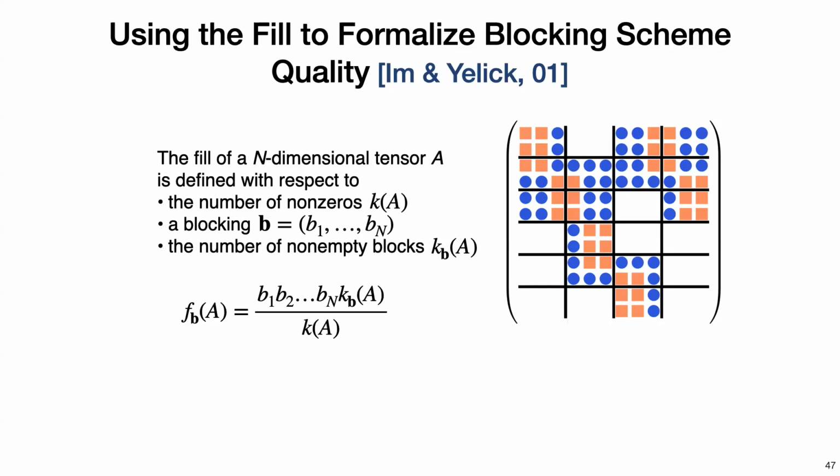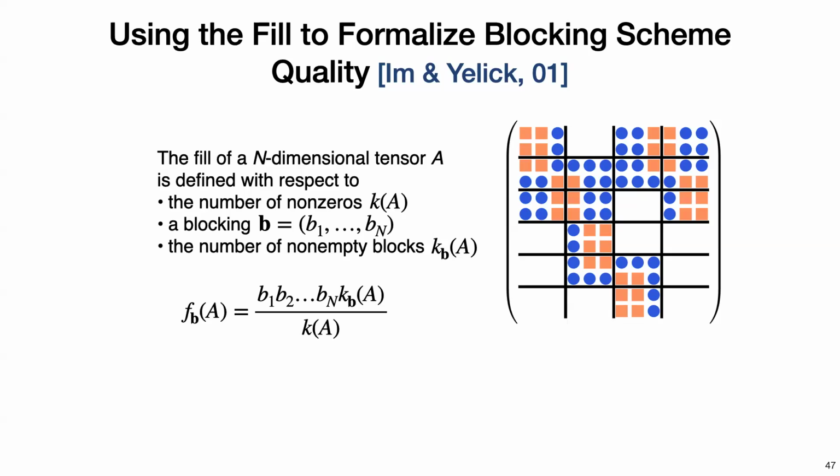The fill for an n-dimensional tensor, this example is just for a two-dimensional tensor or a matrix, is parameterized by the number of non-zeros in the matrix, the blocking, so you have to choose the block size, in 2D just row size and column size, and the number of non-empty blocks as a result of the blocking. So that is a result of the block size that is chosen and also the non-zero structure.